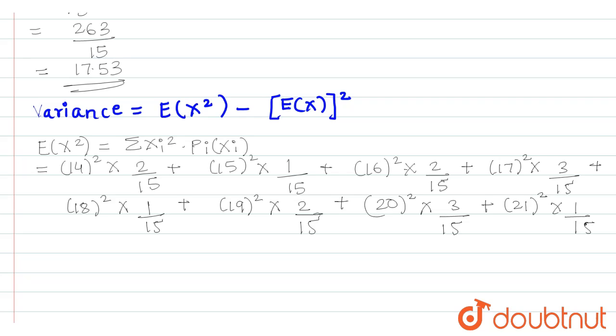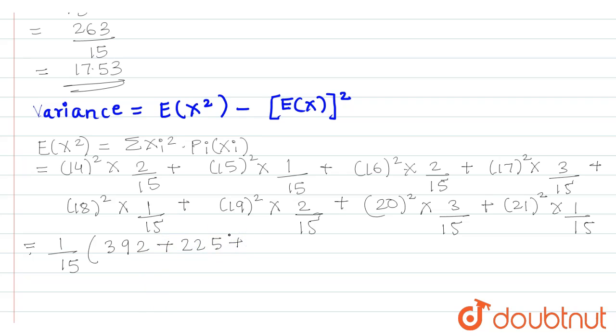Let's move quickly ahead. Here also we can take 1 by 15 as common. When I take 1 by 15 as common, here it will be 14 square. So 14 square is 196, and 196 into 2 gives you 392 plus. Next is 15 square, which is 225.